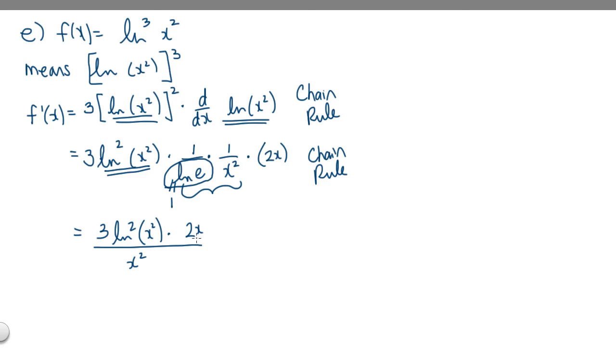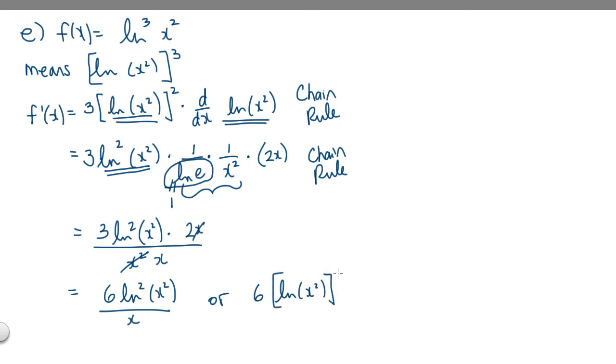So we can cancel a factor of x from the numerator and the denominator, and we can also combine the 3 and the 2 in the numerator. So let's make it 6 times ln squared of x squared over x. Or alternatively, you could write this 6 times ln of x squared all squared over x. So the two expressions mean exactly the same thing.